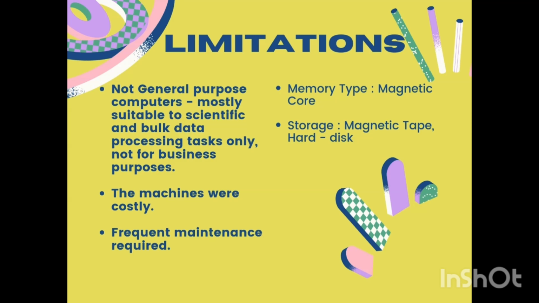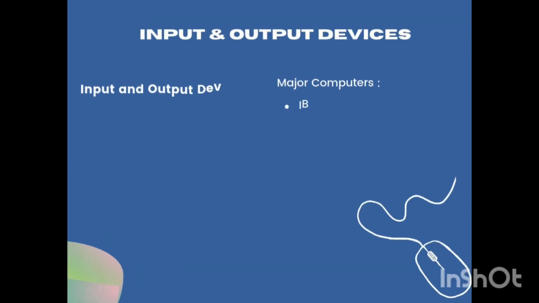Now, we will see which type of memory was used in second generation computers. Magnetic core memory was used at that time. For storage purposes, magnetic tapes and hard disks were used.